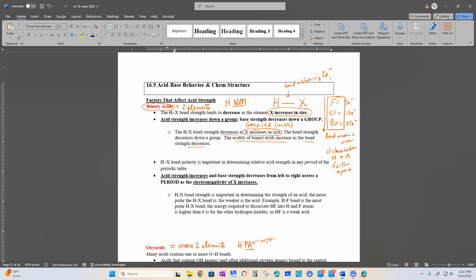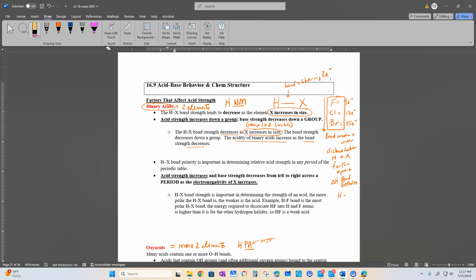So we call this delta H, bond enthalpy. You're going to learn about this in chapter 8, bond enthalpy. Because the distance between H and F, and we'll actually put H and F, is closer together versus somebody like HBr, a bigger distance from each other.